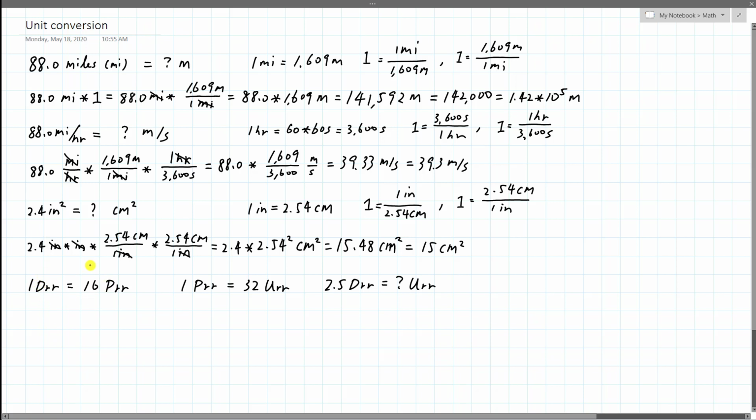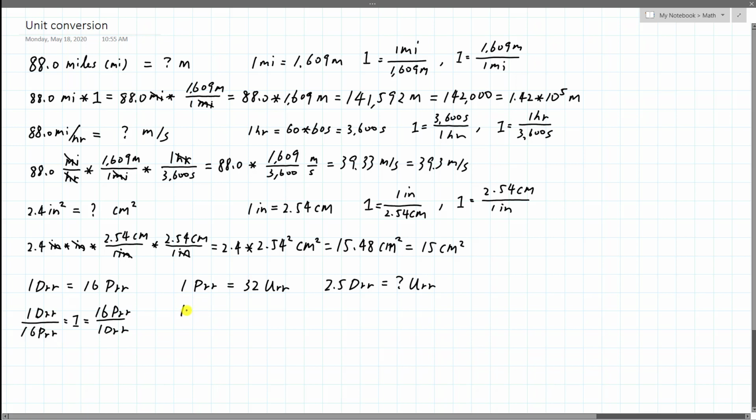So this one could be 1 over 16 per, that's a 1. I'll just try to contract it. 16 per over 1 dir is also a 1, right? I can use either side to my advantage.